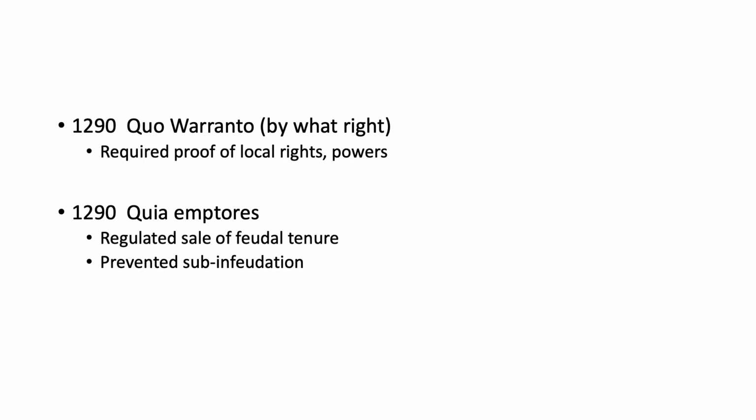When did it first come into their family? Provide some sort of documentary proof that they have the right to own that land. And some people, this is easier than others, depending on how far back some of these acquisitions go. But it really is this attempt to sort of standardize land ownership amongst the nobility across England.